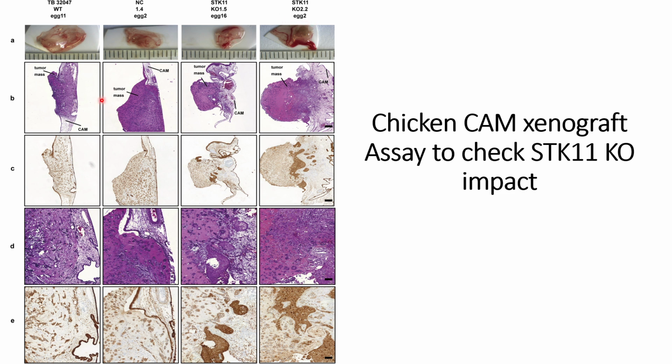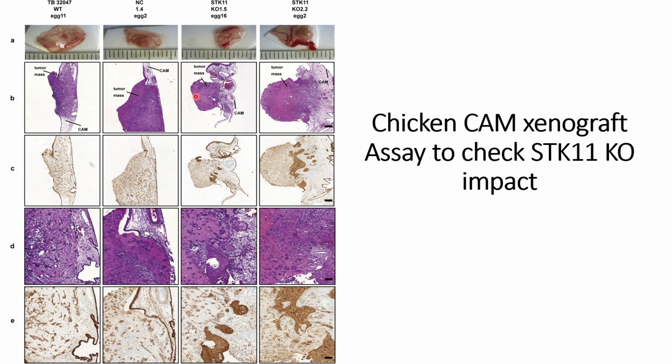And they used two different kinds of dyes. First one is HNE staining, where they can see that in the case of control the CAMs are shown in a transparent region and they seem to be intact. However, when you see the STK11 knockouts, the CAMs are not that stable and are being infiltrated by the pancreatic cancer cells.